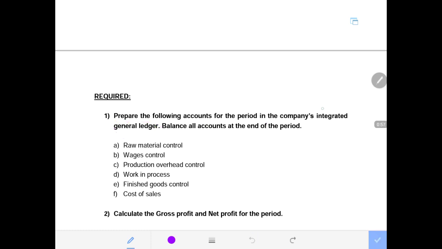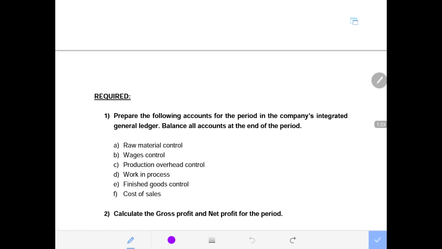Remember, the word integrated means you are integrating two things. We are integrating cost accounts with the financial accounts. Cost accounts are the production side of the company, and when the product is completed, it becomes a finished product that needs to be sold.